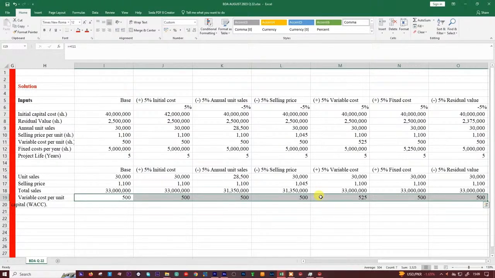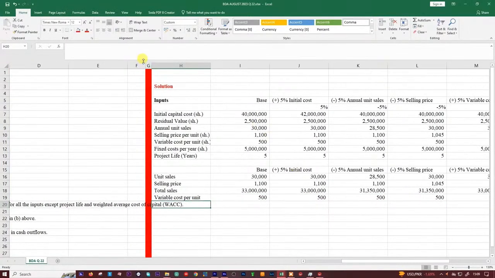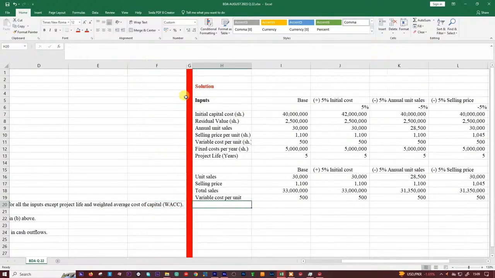How about the total variable cost? So here, with your permission, I'll just move this a bit towards the right. For here, I can say total variable cost.